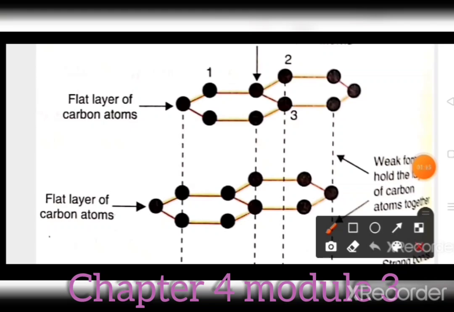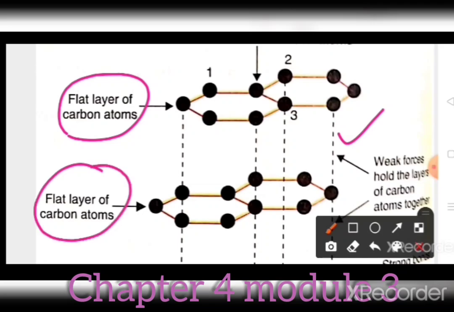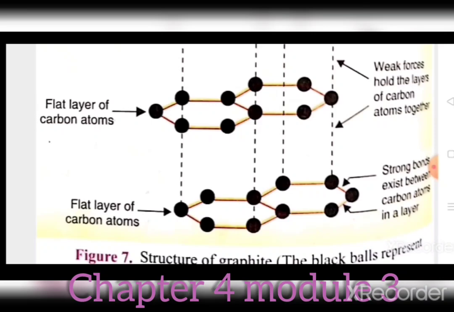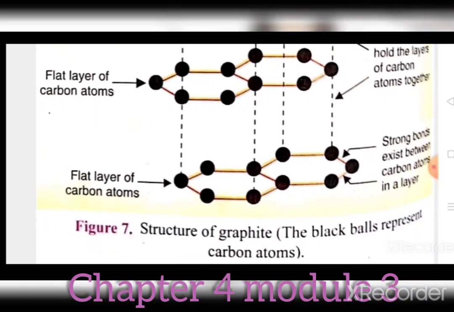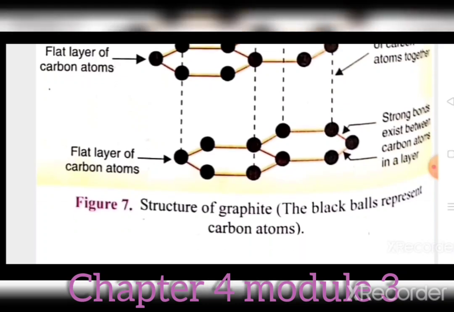These are the layers shown, first layer and second layer, and strong bonds are between carbon atoms in a layer. So this type of layer sheet like structure is there in graphite.